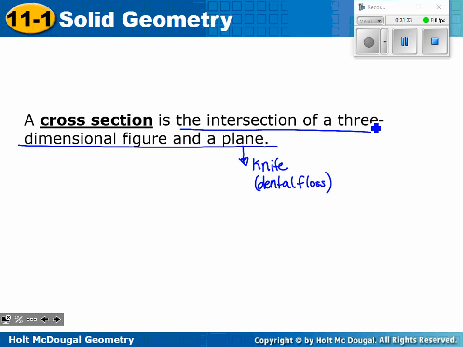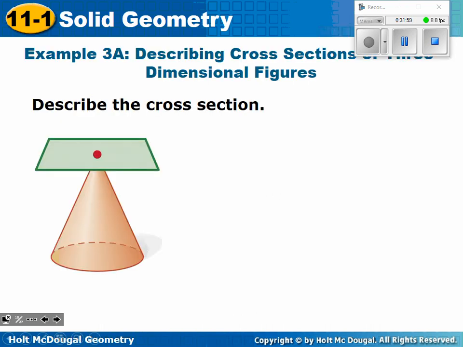And if I want to find the cross section, I'm going to take a knife or a dental floss or a plane, and I'm going to slice my shape either horizontally or vertically or diagonally. But I'm going to cut it and I'm going to open it up and look at what two-dimensional shape is there. So your cross section will be the two-dimensional shape that is there when you cut it and look at it. Show you some examples.